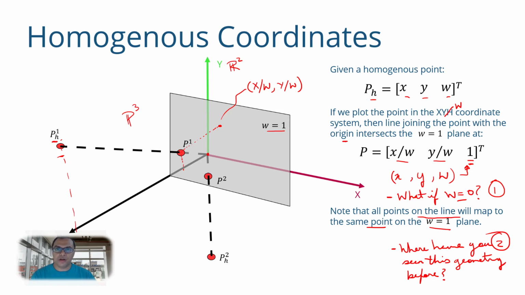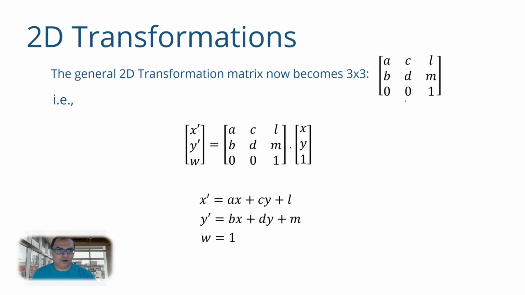Continuing, once you have homogeneous coordinates, your 2D transformation matrix becomes 3 cross 3. The earlier 2 cross 2 matrix shows up in the top left, and the translation parameters show up in the last column. The last row of this transformation is 0, 0, 1 for now. How do we apply this transformation?